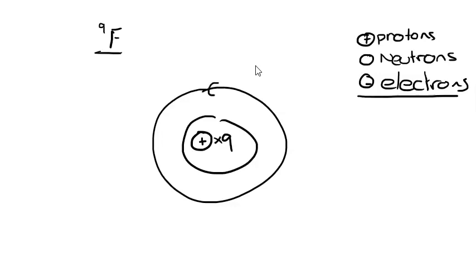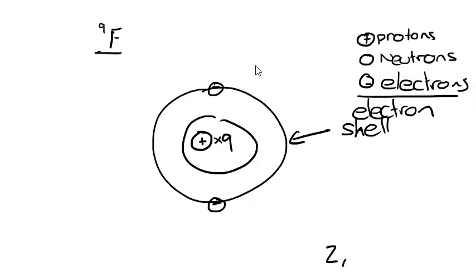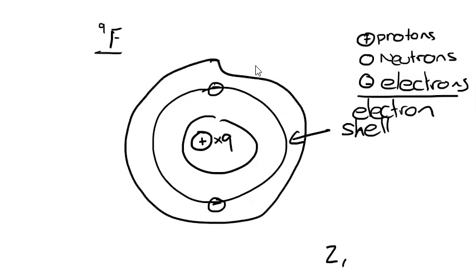So around this nucleus, we're going to have 1 electron there and another electron there. What you'll see I've drawn here is called a shell, or an electron shell. The electrons orbit around the nucleus of an atom. The way that it works is that we can fit 2 into the first shell, and then we can fit a maximum of 8 into the second shell.